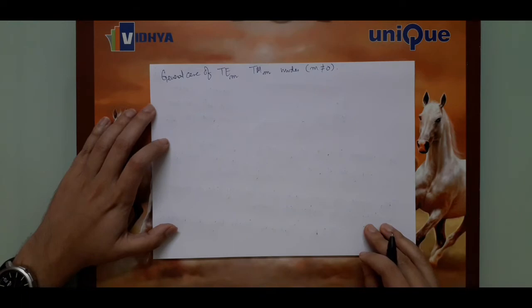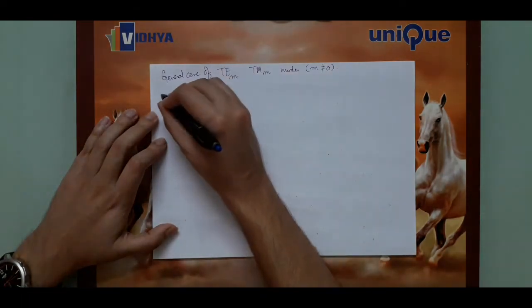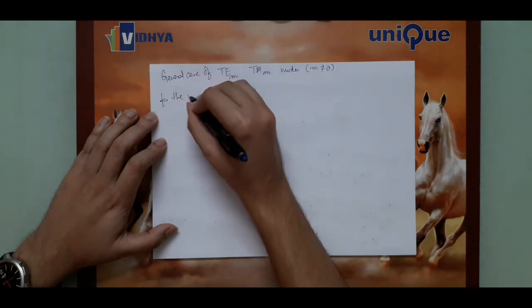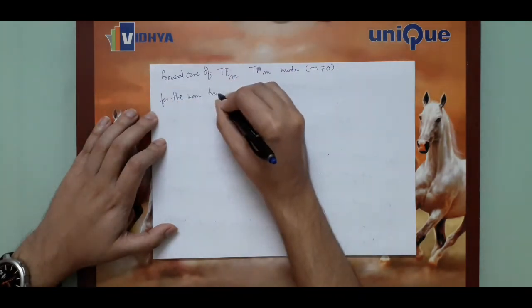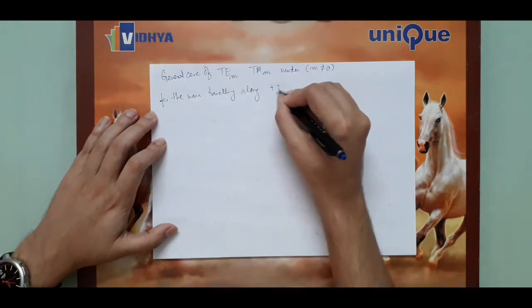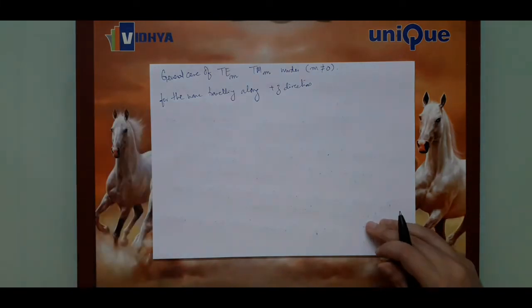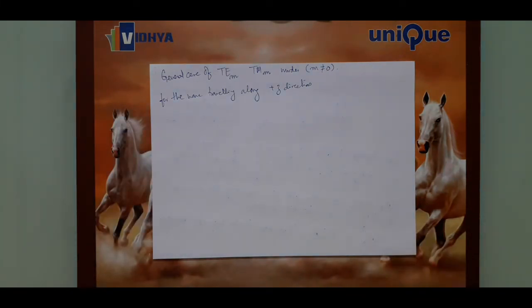So what we saw was, in both of these cases, for the wave traveling along the plus z direction, and that is the wave which we are guiding along the structure by means of multiple reflections.